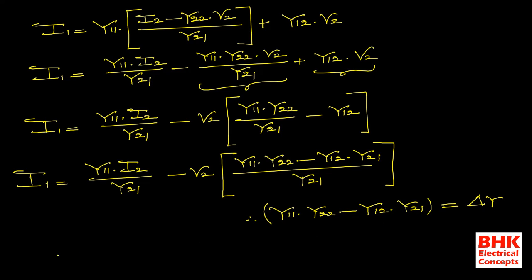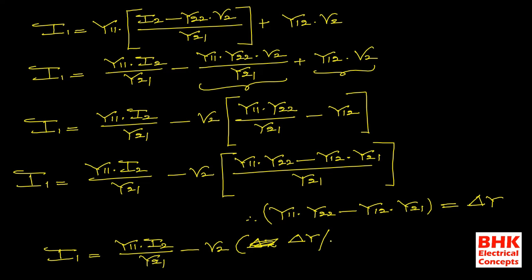So by placing that, you get the expression I1 is equal to Y11 I2 divided by Y21 minus V2 into delta Y divided by Y21. By substituting delta Y instead of this whole term, finally you get this expression. Now again simplify this one, and finally you will get the Z parameters.